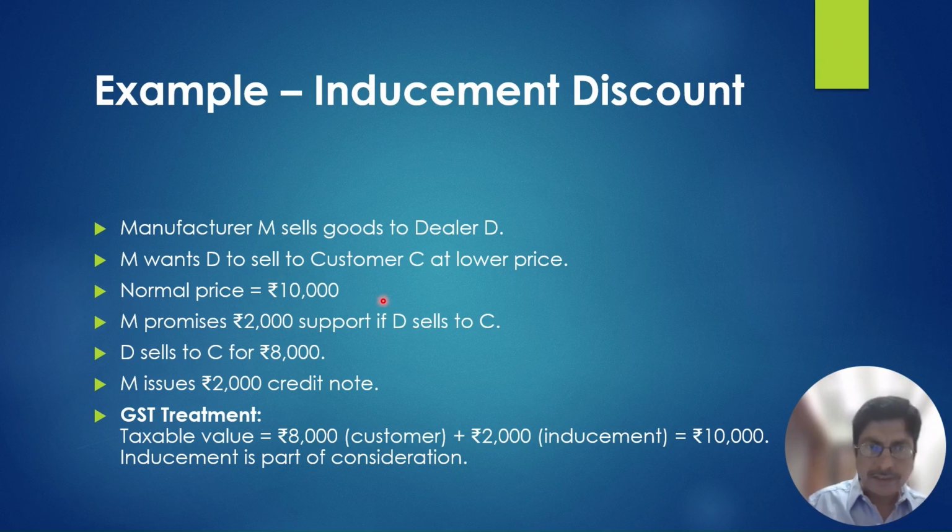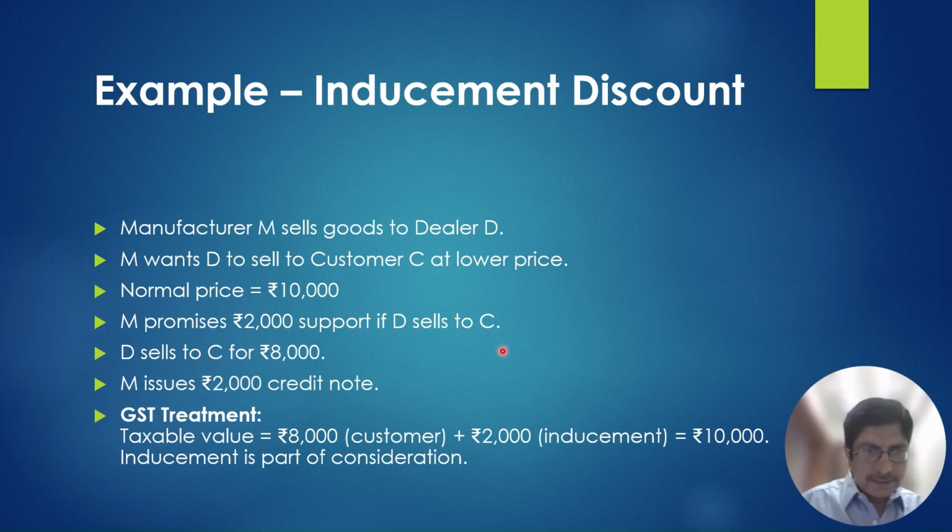Normal price is 10,000. M promises 2,000 rupees support to D if he is able to sell that material to C at rupees 8,000. So this is an inducement from manufacturer to the dealer.